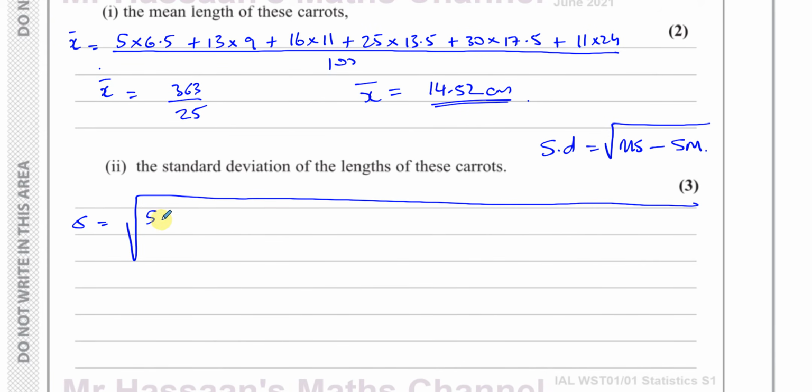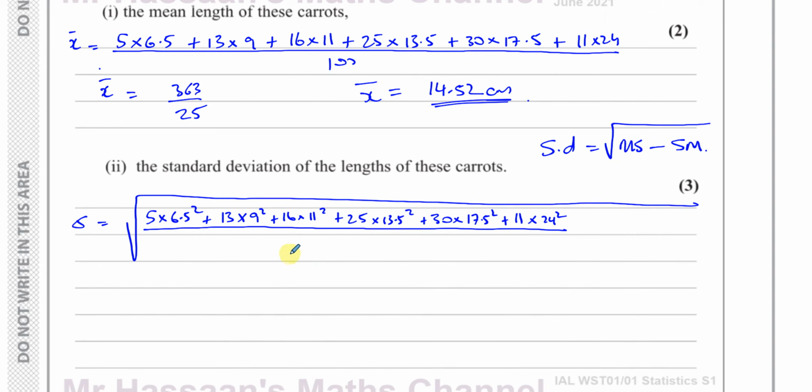So you have 5 times 6.5 squared plus 13 times 9 squared plus 16 times 11 squared plus 25 times 13.5 squared plus 30 times 17.5 squared plus 11 times 24 squared, all over 100. That's the mean of the squares minus the square of the mean. So minus 363 over 25 all squared.